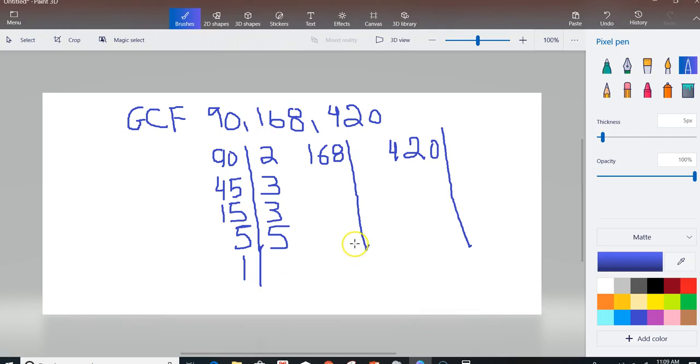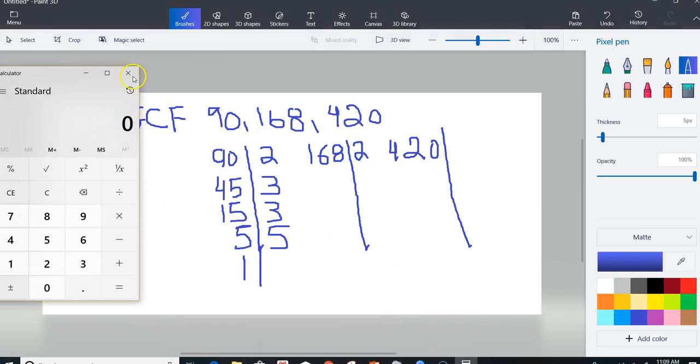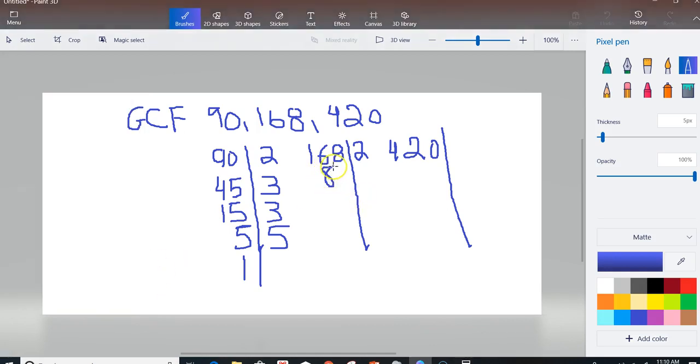Now let's try 168. We know that 8 is an even number, so this is going to be divisible by 2. Now, I don't know exactly by memory how much it is, and I don't want to be wrong, so in my calculator, I can put 168 and divide by 2. This gets me 84. 84 is still an even number. It can be divided by 2.